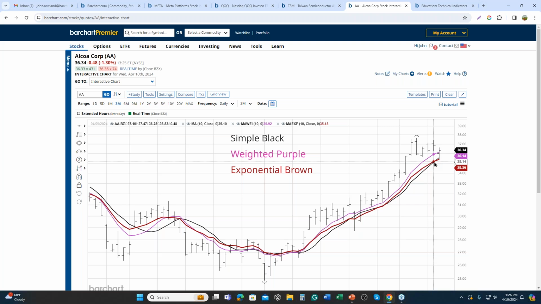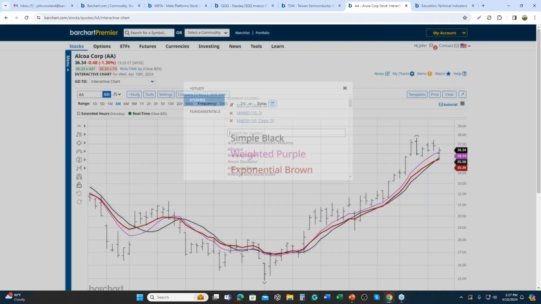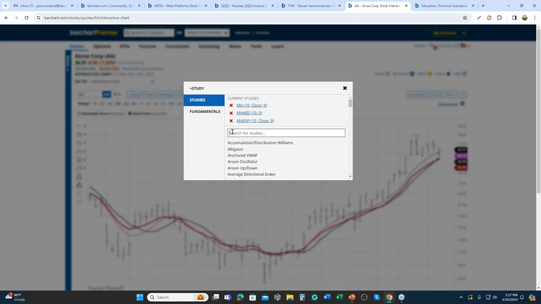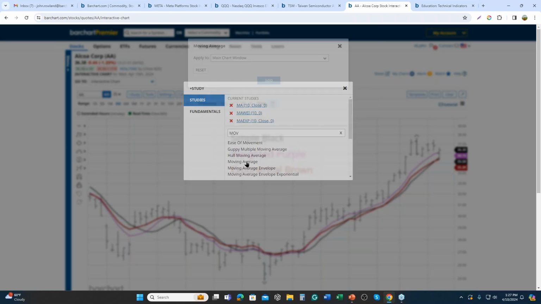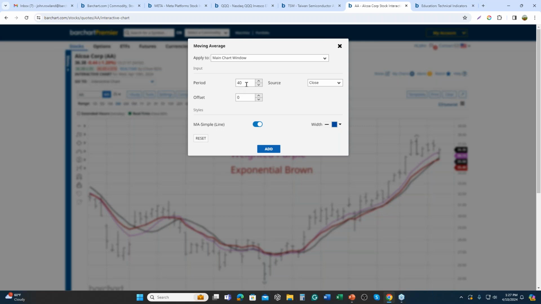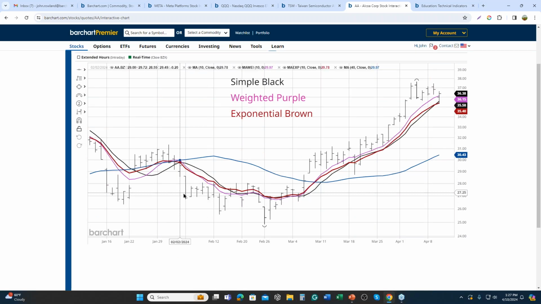But what if we layer upon these moving averages a higher period moving average? For instance, let's add to our study. Again, I'm just going to write moving average, and I'm going to add a simple 40 period, in this case a 40-day moving average, and we're going to make that blue. Notice our 40-day moving average has been kind of flat for a long period of time, and is now just starting to turn upwards.